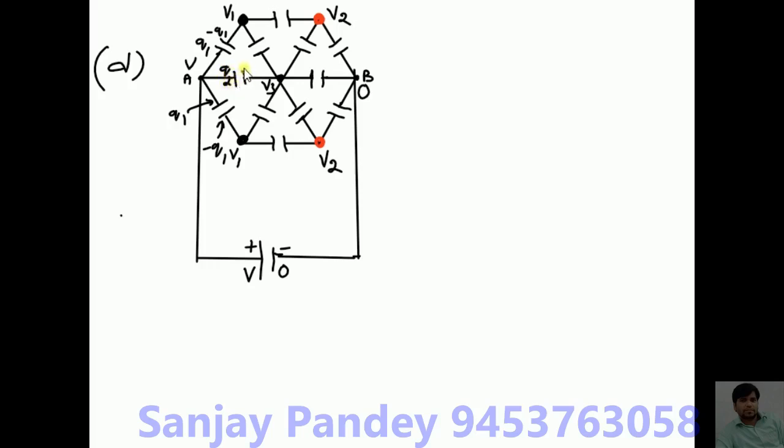So the charge on this plate will also be Q2. Now due to symmetry, the charge at this plate will be minus Q1 and here it will be plus Q1, and here minus Q1, plus Q1, and Q2, minus Q2, plus Q2.